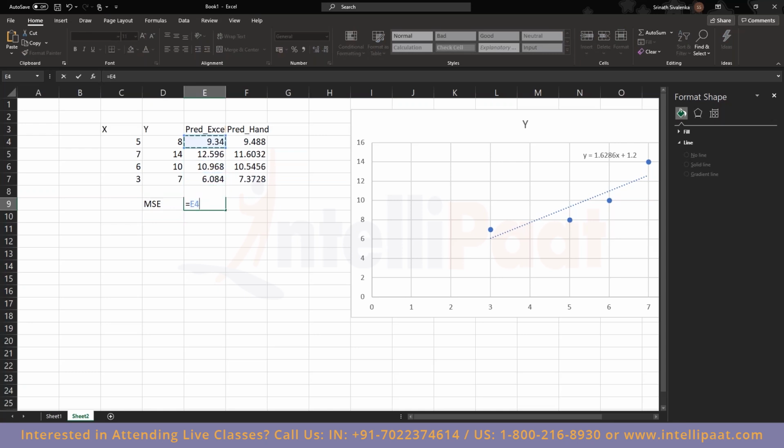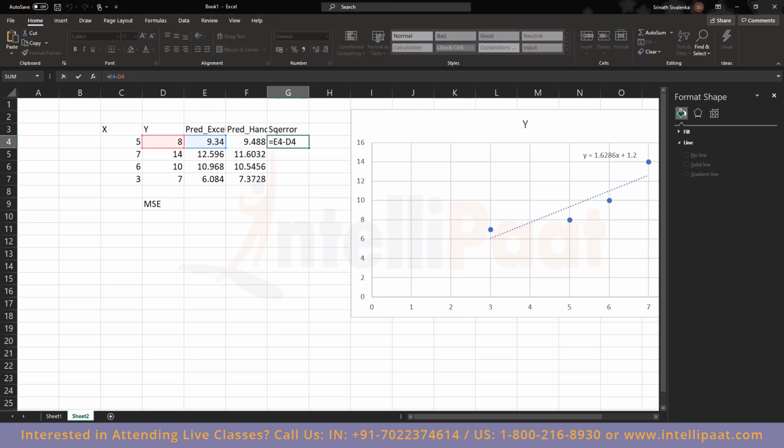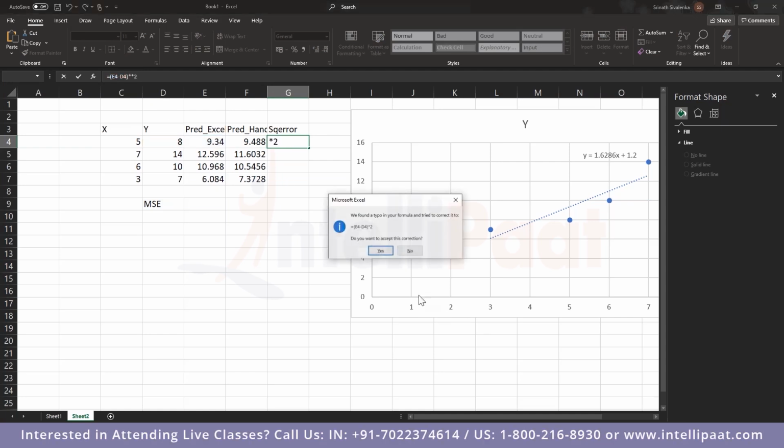It's going to be the average of, sorry, squared error is going to be this minus this, squared.